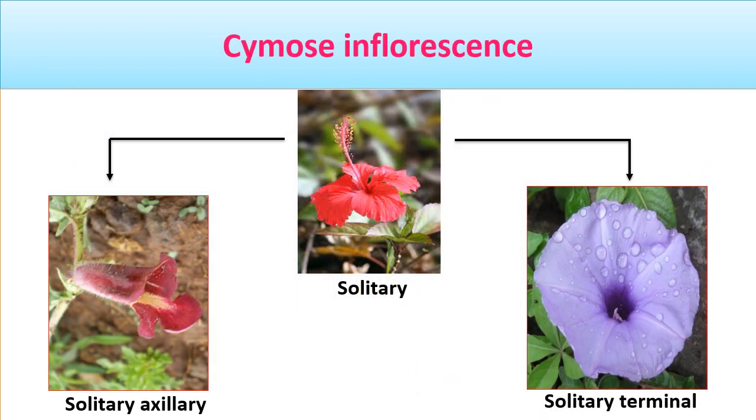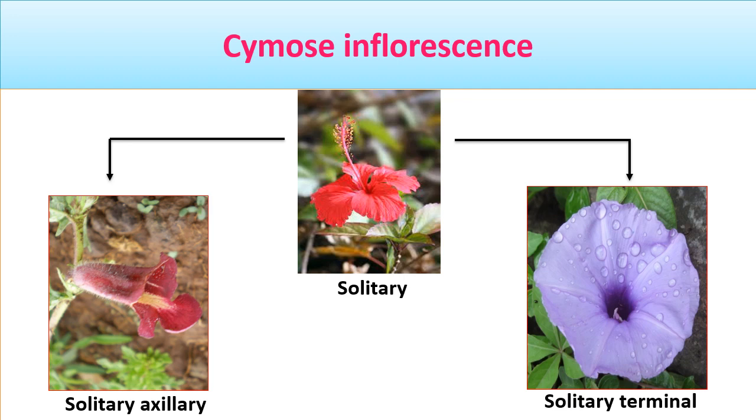Now let us move to the second type of inflorescence, that is cymose inflorescence. As I already explained, when the axis of inflorescence is not terminating, that is called racemose type of inflorescence. But in case of cymose inflorescence, the axis of flower is always terminating.